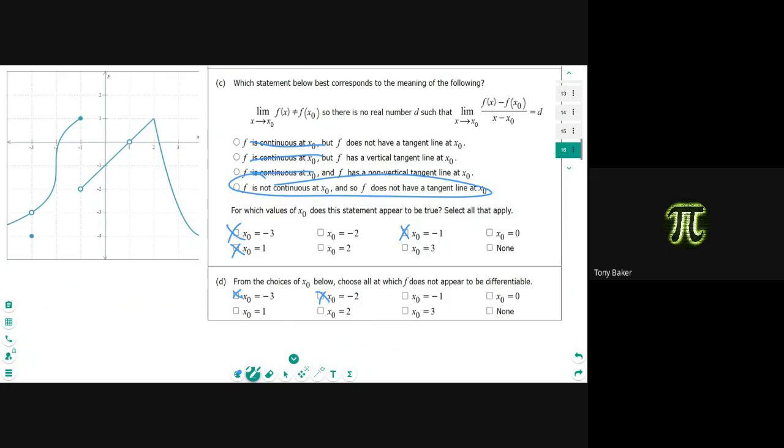Because you've got to remember, we're looking for slope, right? So when you have a vertical line, what's your slope? If you look at rise over run, it's something over 0, which doesn't exist, because your rise is infinite and your run is 0. So that's why it doesn't exist. And differentiation is directly related to slope. That's why.